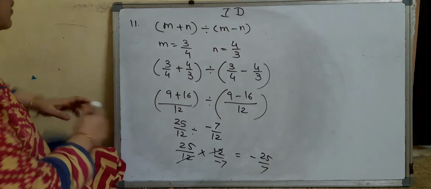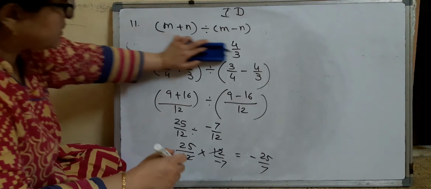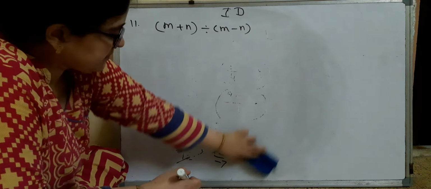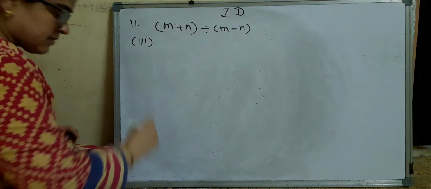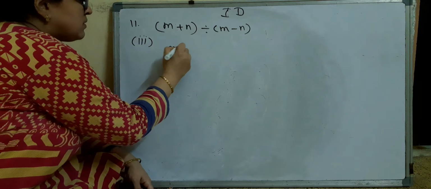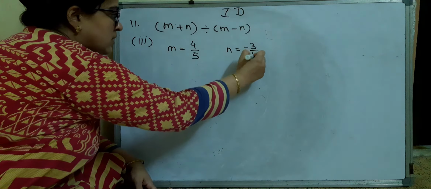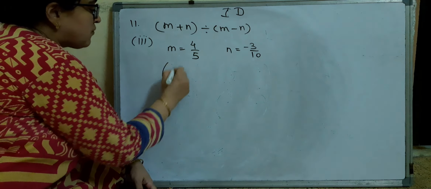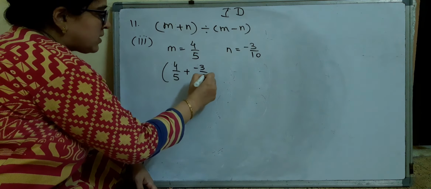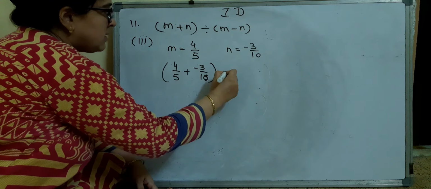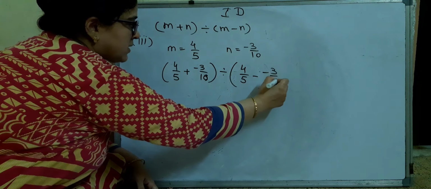Now 11 third sum. Sub question 11 third. m is equal to 4/5 and n is equal to -3/10. Now m plus n, so 4/5 plus -3/10, divided by m minus n, 4/5 minus -3/10.